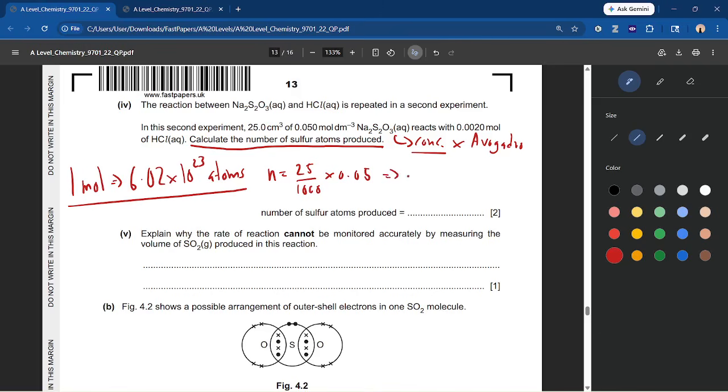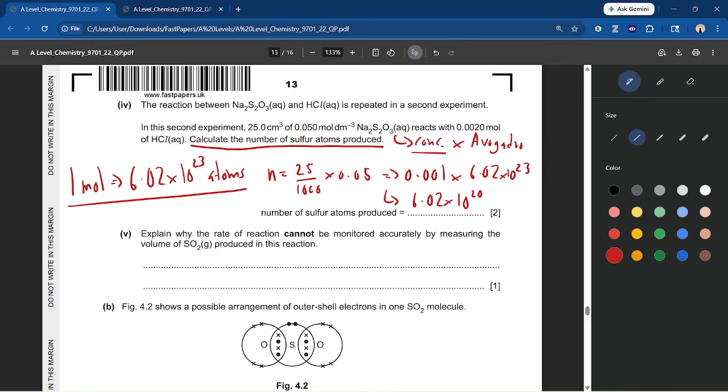If you do the math, you're going to get 0.001, which you're going to multiply with 6.02 into 10 to the power 23, which is going to give you 6.02 into 10 to the power 20.